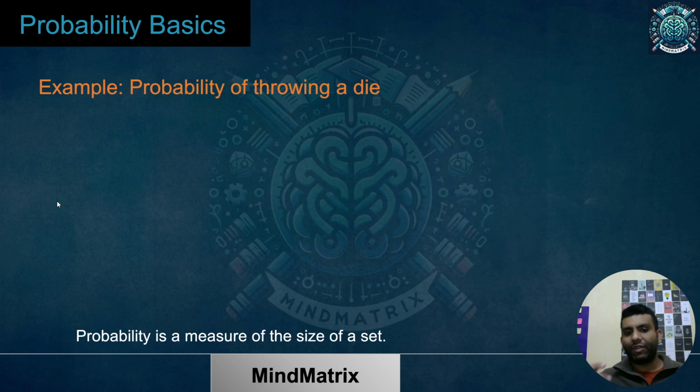Over here we'll discuss what exactly the idea of probability is with the help of an example, and some of the definitions involved, which we will discuss in the next session.